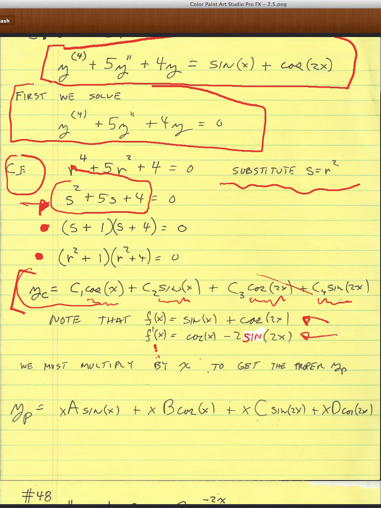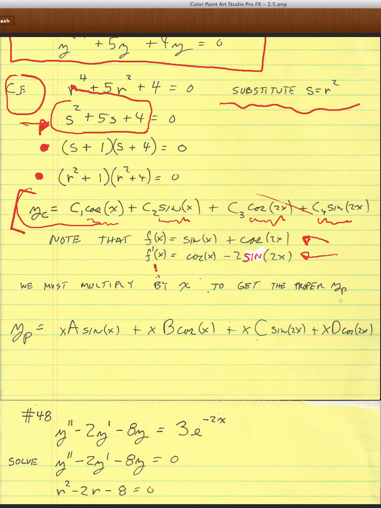We have to multiply it by a sufficiently high power of x to give us a chance of recovering a particular solution. So what we must multiply by is just x itself, and that's what I'm illustrating here, that the trial solution or the particular solution would have this form, and that is that we multiply through by an x.